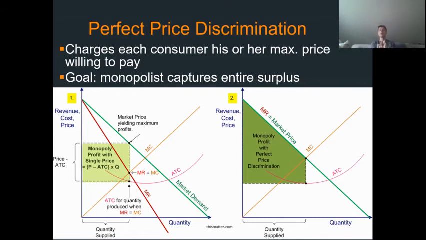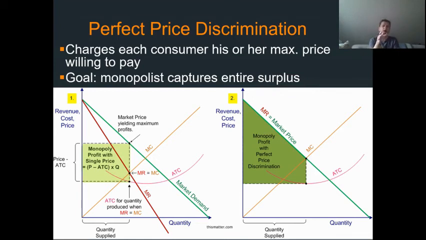Last thing you have to know with monopolies is the idea of price discrimination. This is when firms will try to charge individuals their maximum price that they are willing to pay for the good. And the goal is to capture the entire consumer and producer surplus, turn it all into profit. So on the left, you see just a single price monopolist where they charge one price for the good and that's it.